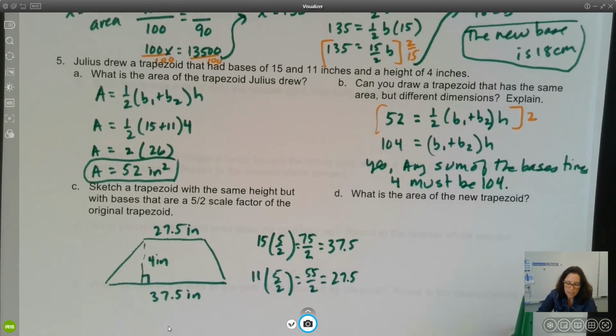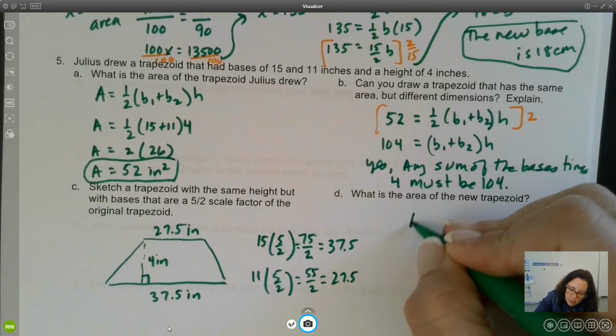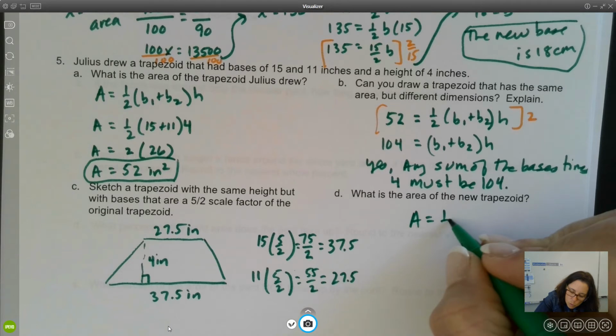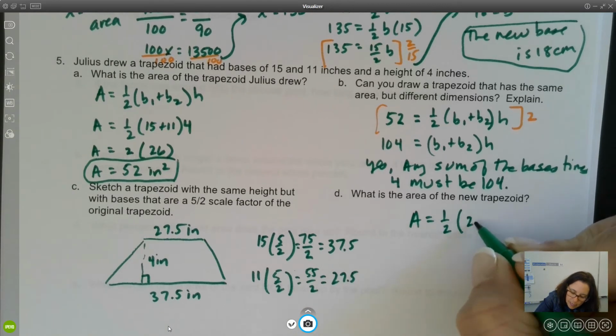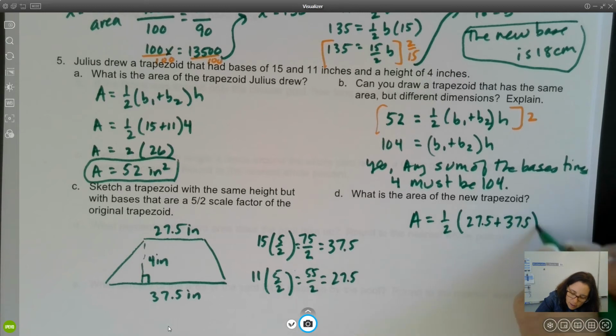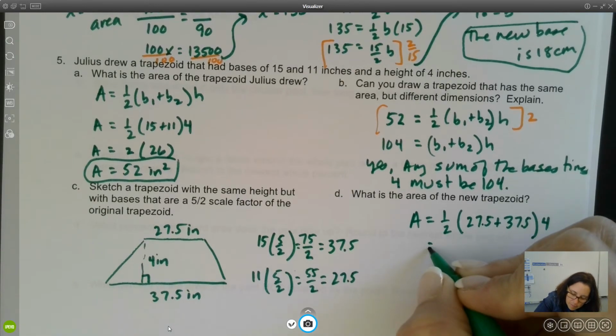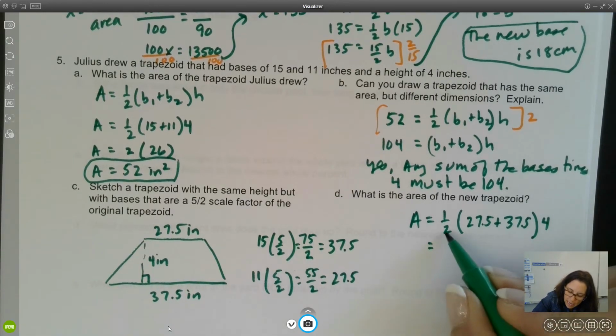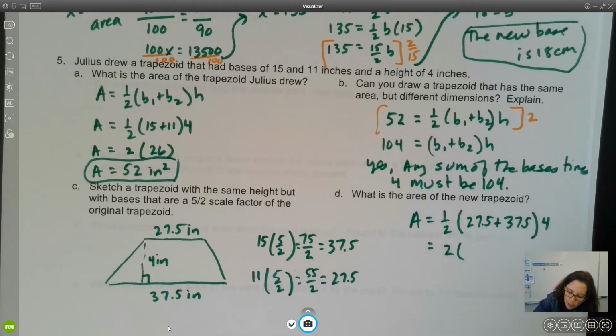What is the area of the new trapezoid? Area equals 1/2, add the bases together times the height. So I'm going to take 1/2 of 4, which is 2, and I'm going to add these together right here.